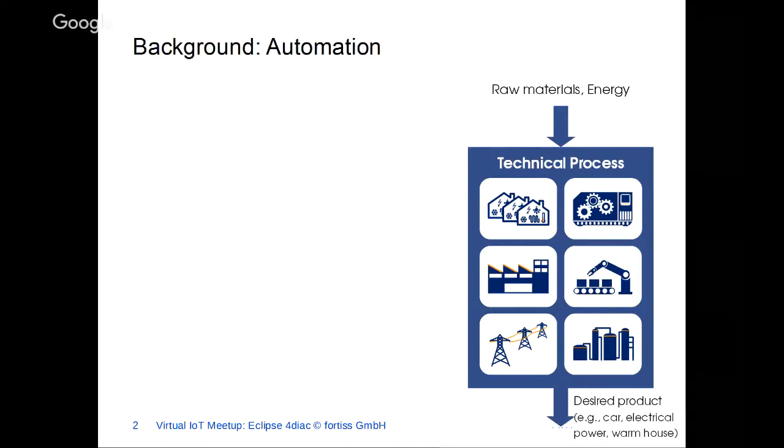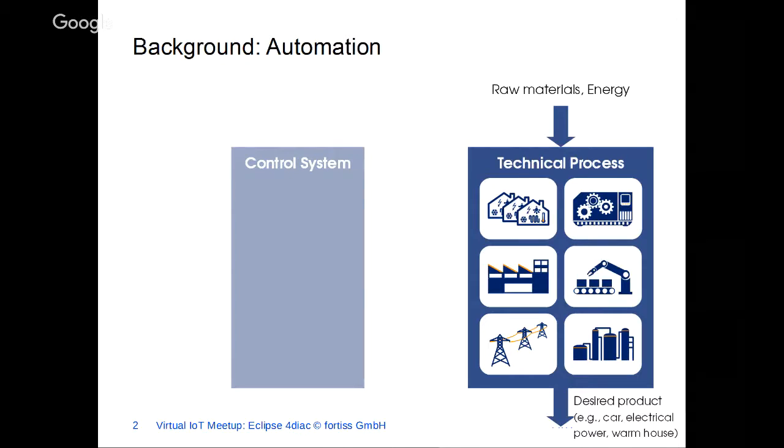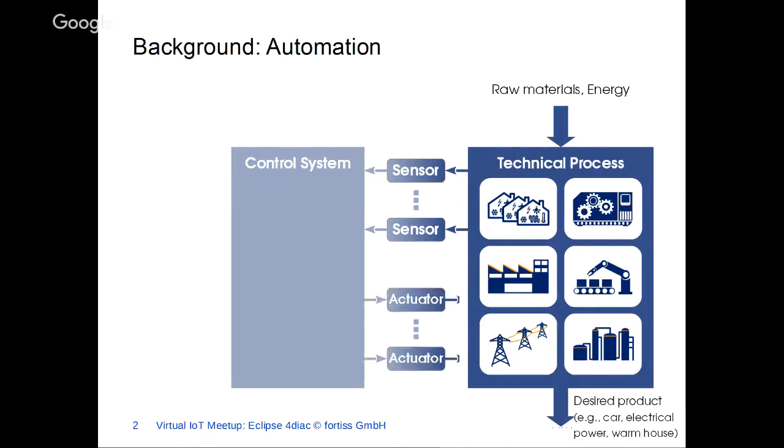So you need to have some control system which is using sensors to measure what is going on in this technical process and actuators to influence what's going on. Actuators can be valves, motors, a heating element, or a switch to turn things on and off.